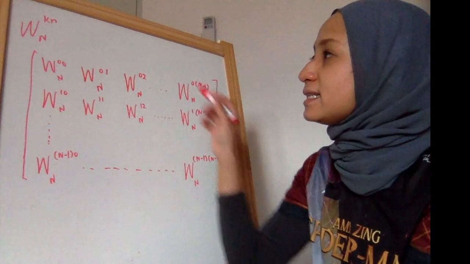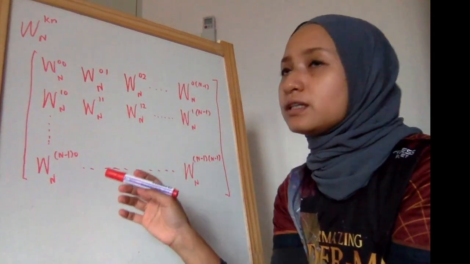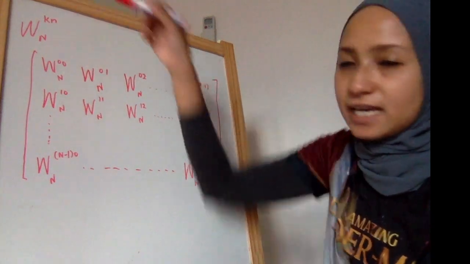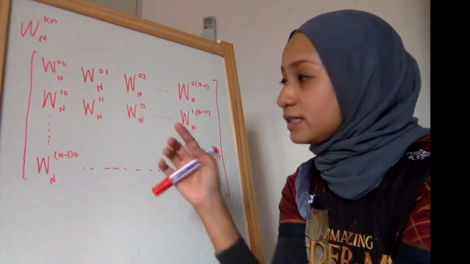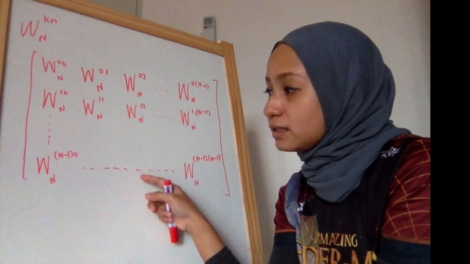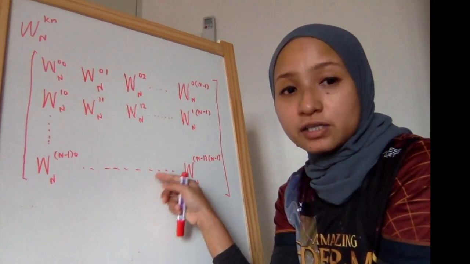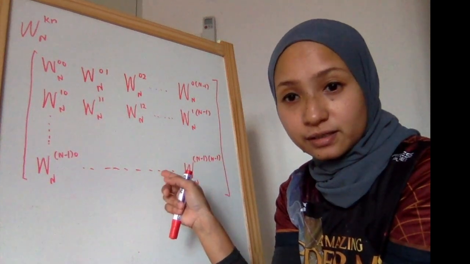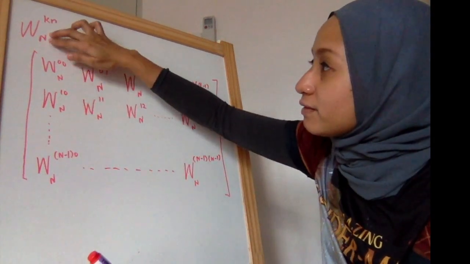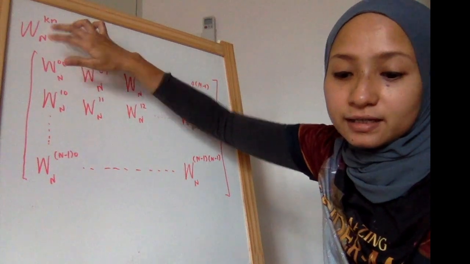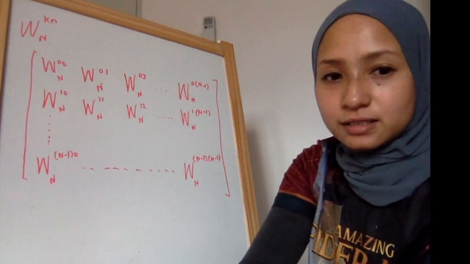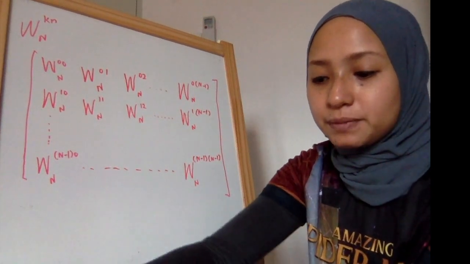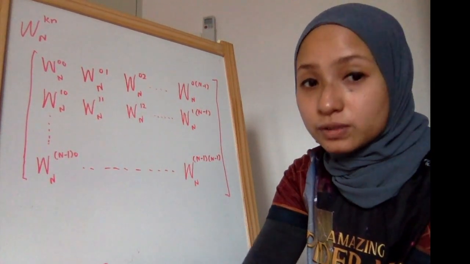This is the general matrix dimension for W_N^{kn}. That's why this technique, matrix multiplication, is only applicable to finite length sequences. You need to have a finite value of your capital N. Because of that, this matrix is only applicable on a finite length sequence range.